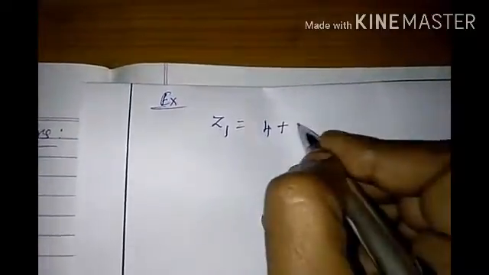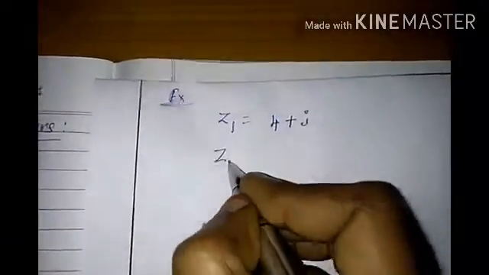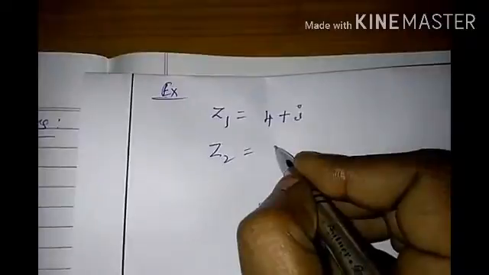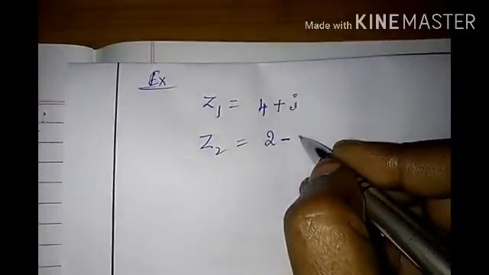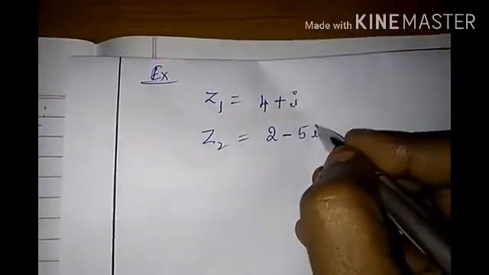Let us take another example. Z1 is equal to 4 plus i and Z2 is equal to 2 minus 5i.